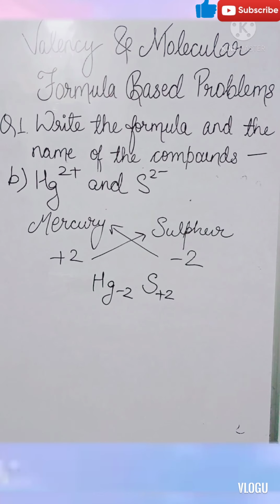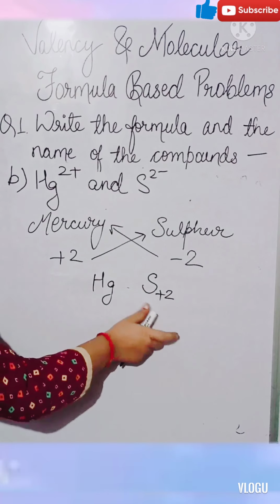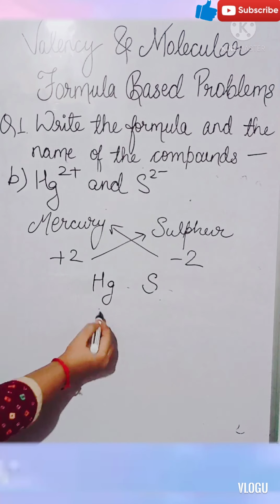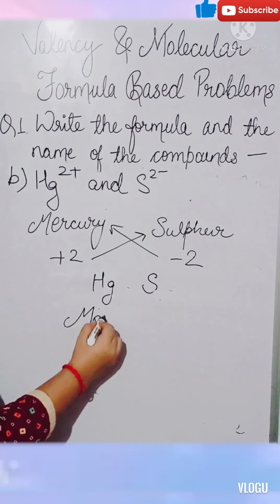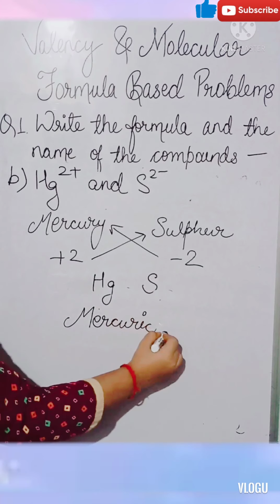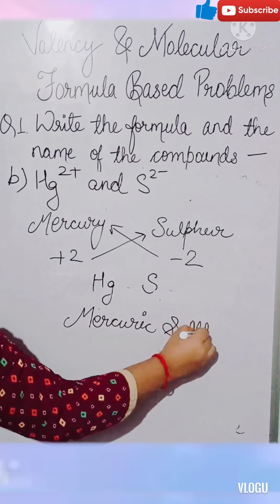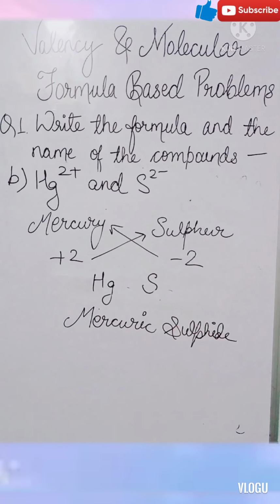So these -2 and +2 will be vanished from here. So this is our final formula and the name will be mercuric sulfide or mercury sulfide simply. Now let's move on to our next question.